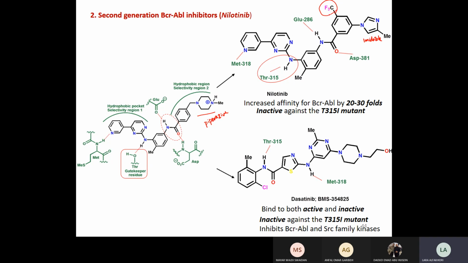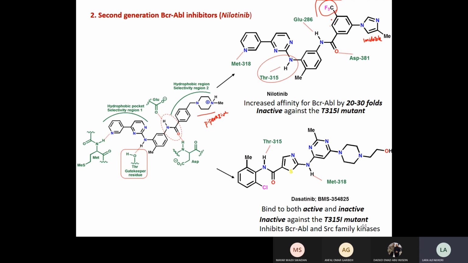Okay? Now this is based on the fact that if you look even more closely at the hinge region of the ABL kinase, there is a pocket where they've added the trifluoromethyl, which is hydrophobic in nature.